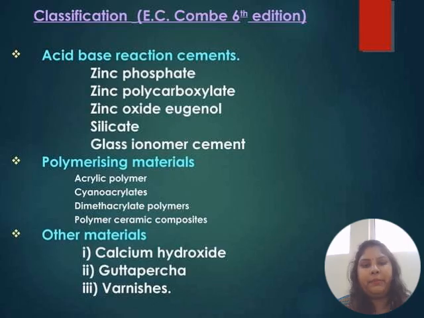Then you have compomer and resin cement. Based on polymerizing materials, you have acrylic polymer, cyanoacrylates, dimethacrylate polymer and polymer ceramic composites. The other materials are calcium hydroxide, gutta percha and varnishes.